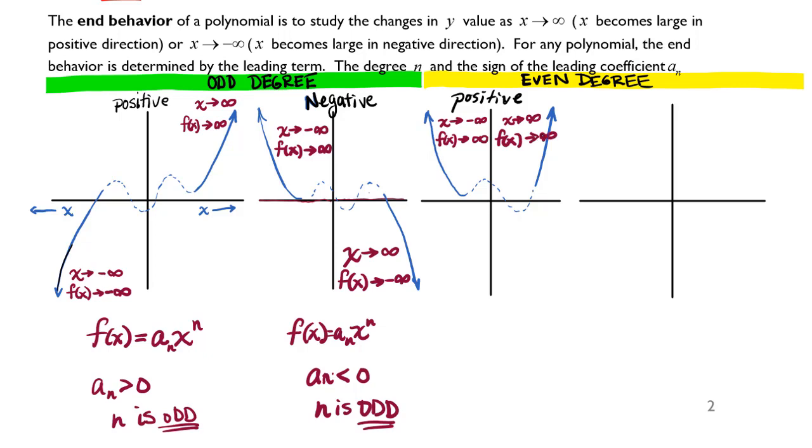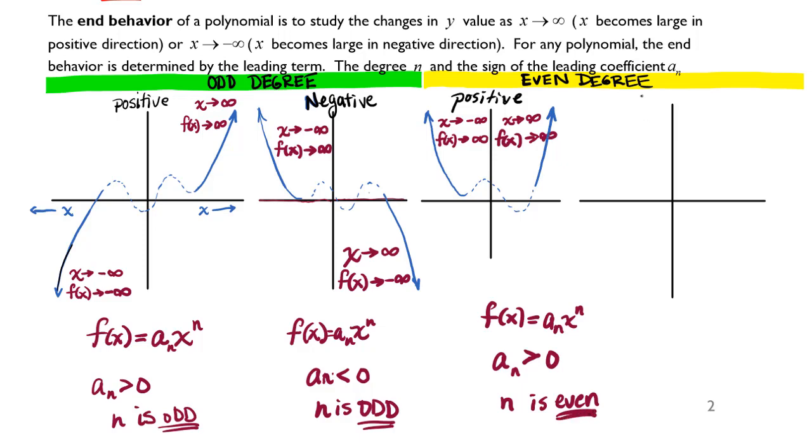So in this particular scenario, we have f of x equals a sub n x to the n, where a sub n is greater than 0, it's positive, and n is even.